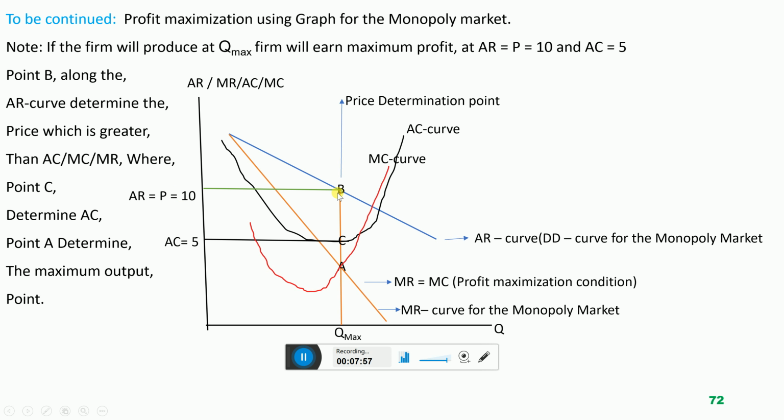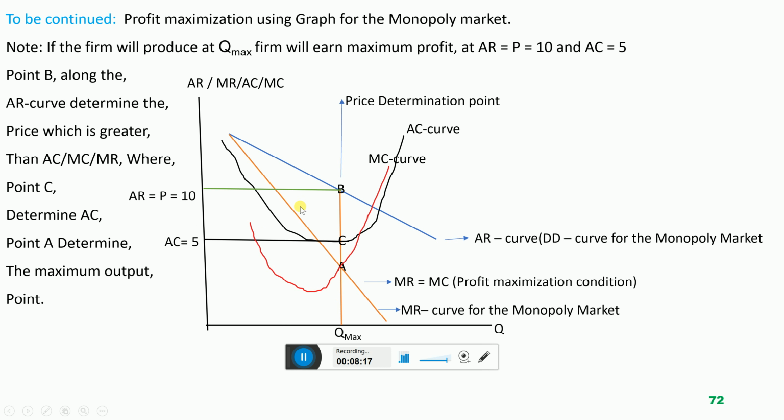So we determine the price, and the company manufacturing this quantity spends an average cost of 5 Afghani per unit. This black curve shows per unit cost. What is it for this quantity? It is 5 Afghani. And what is the price for this quantity? 10.